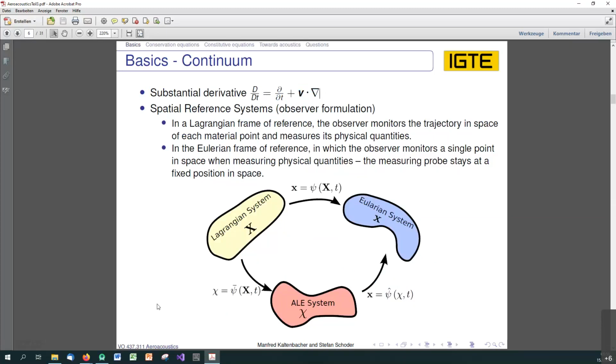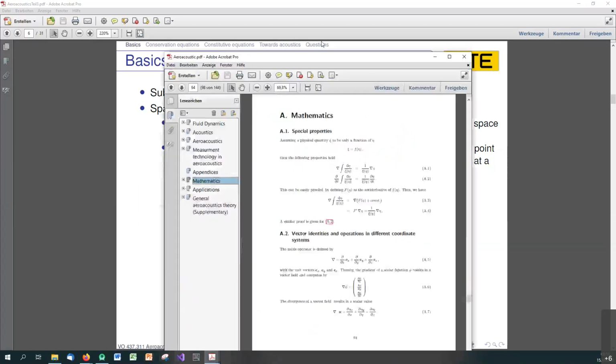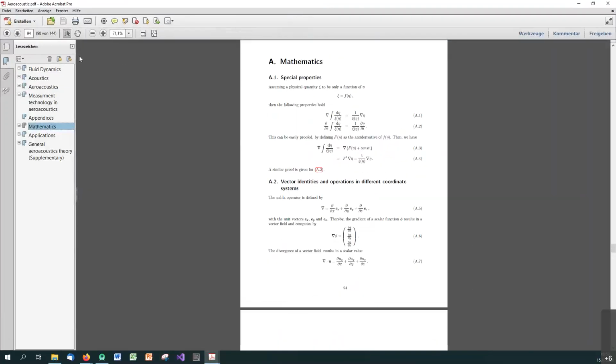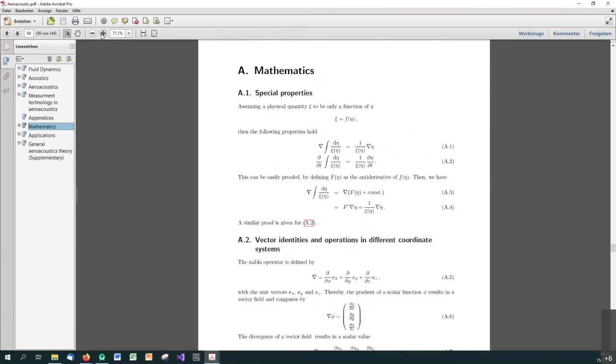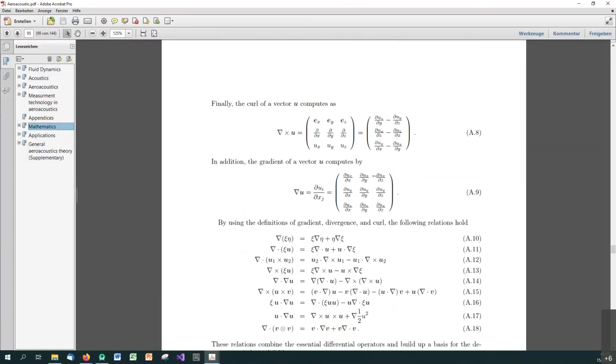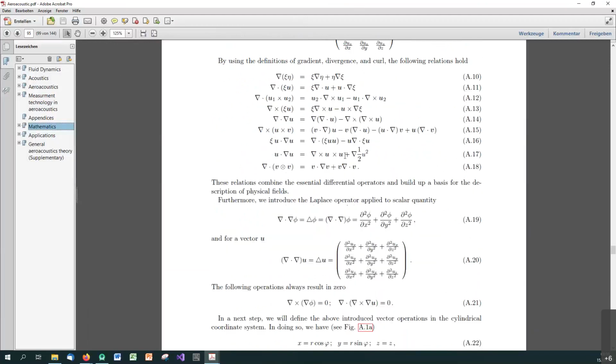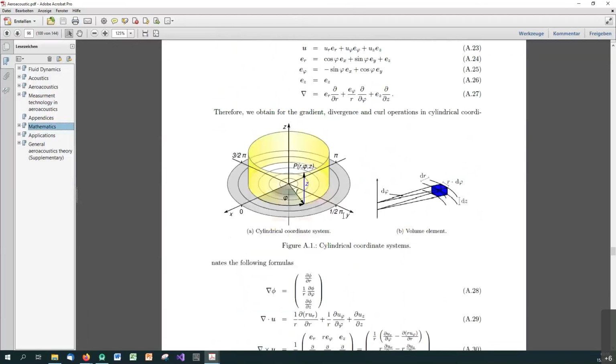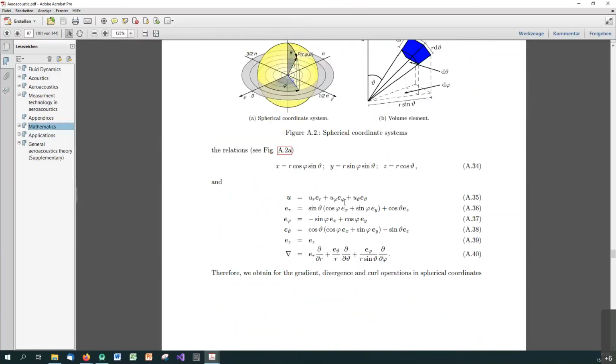There is also an appendix in the lecture notes where there's a lot of math stuff you will find there. You can see the lecture notes. And there are also a lot of operator definitions and how you can compute with them.